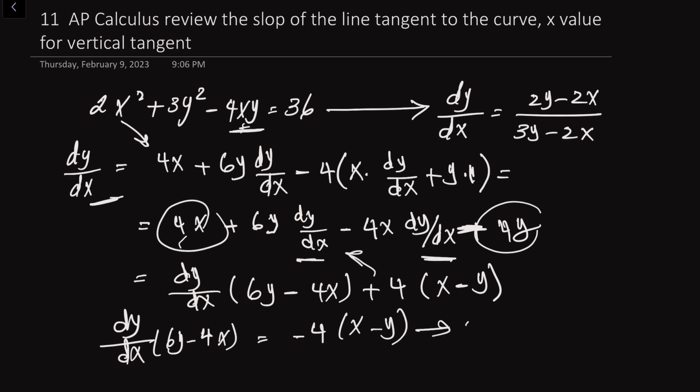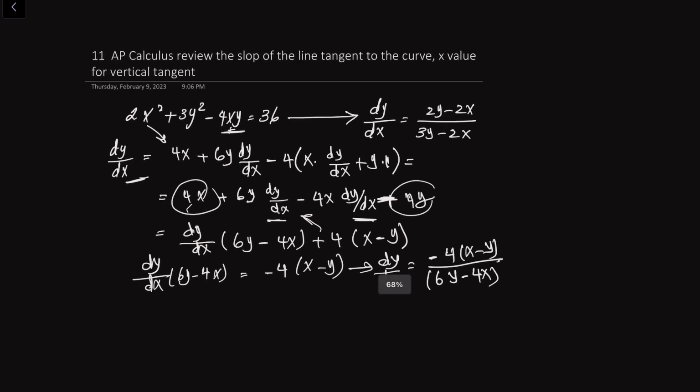So that would lead us to dy over dx equal to negative (4x minus y) over (6y minus 4x).